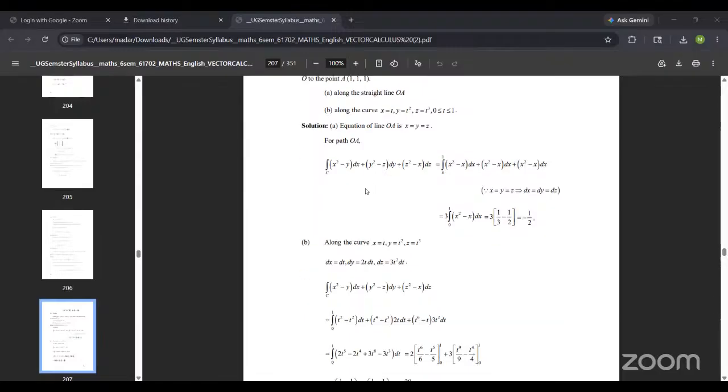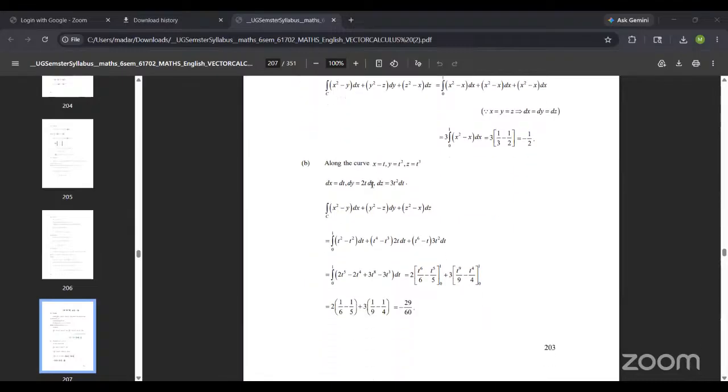Along the curve x equal to t, y equal to t square and z equal to t cube, then dx equal to dt, dy equal to 2t dt and dz equal to 3t square into dt. Then the integral of x square y into dx plus y square minus z into dy plus z square minus x into dz.